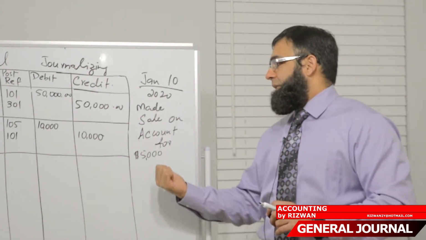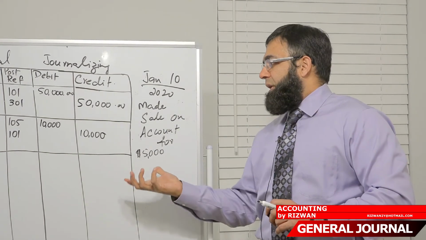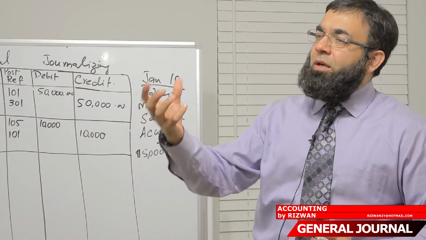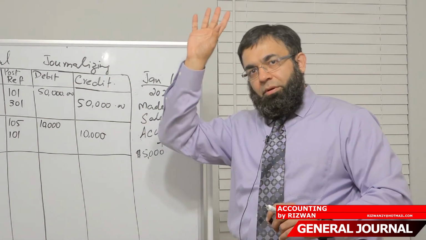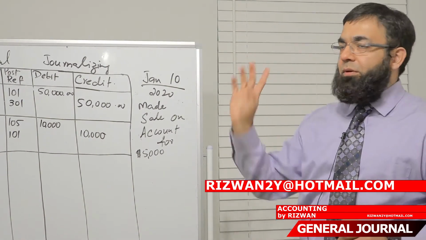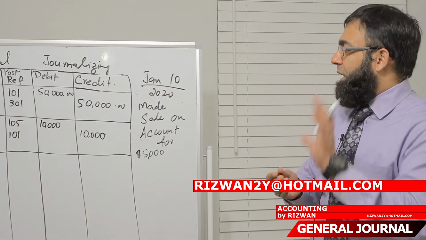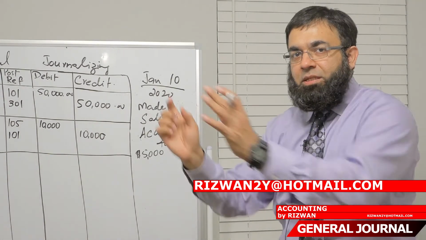But in this case, you did not receive cash. The customer came to you and made a promise, and you said, okay, I will pay you later on, not right now. Based upon his promise, you agreed on that. Okay, I'll receive money from you later on, but at least you're able to make a sale over here, right?